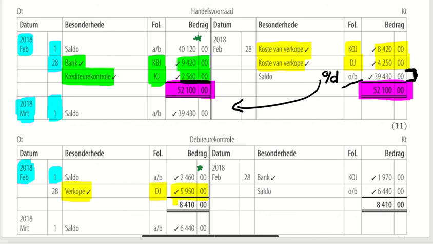So they give us money in the CRJ. And our contra account is bank because we received the money and we put it in the bank. En dit gaan natuurlik ons debiteure kontrole minder maak because now our debtors are going to owe us less because they just paid off their debt.